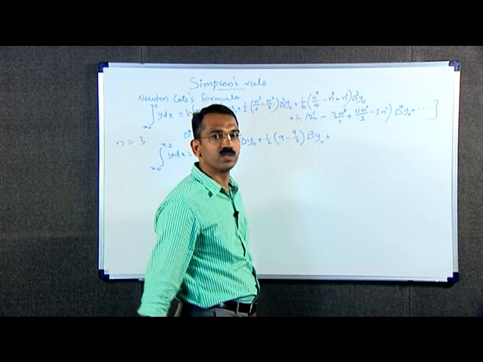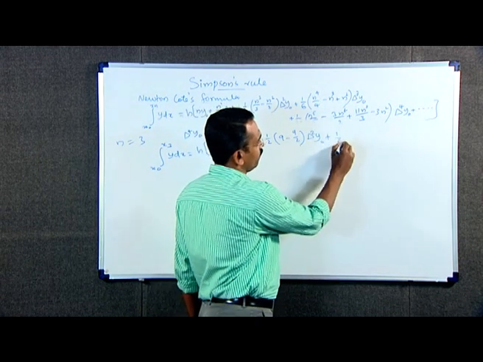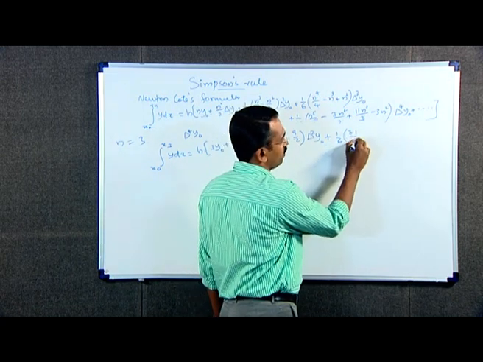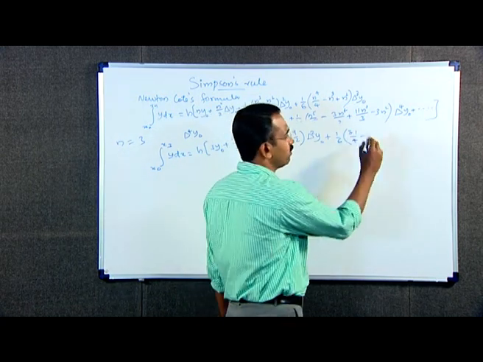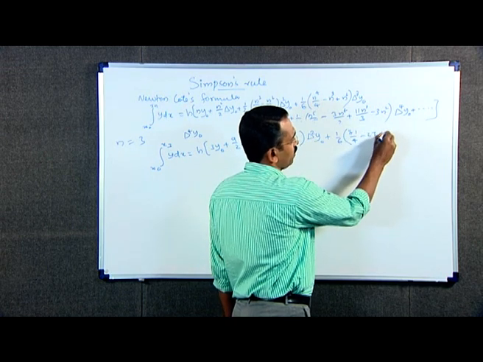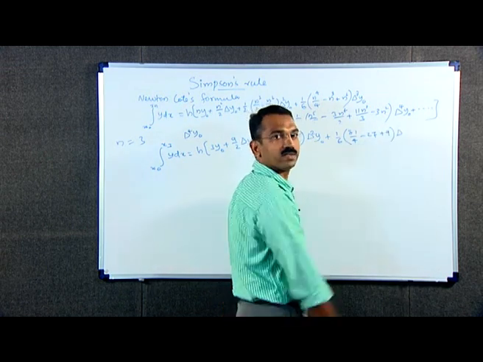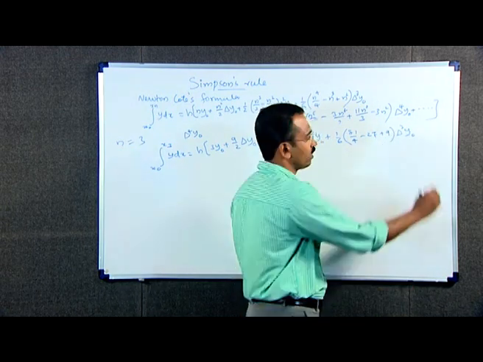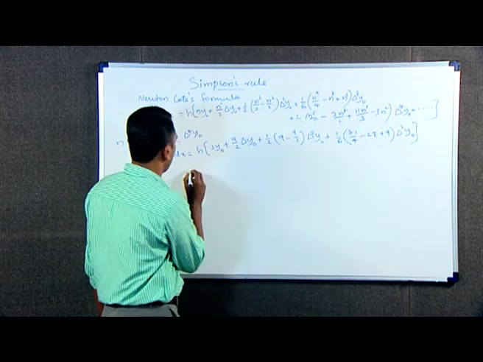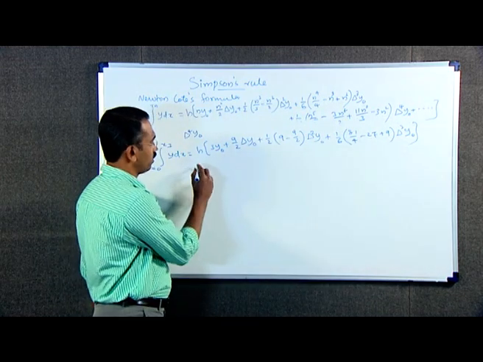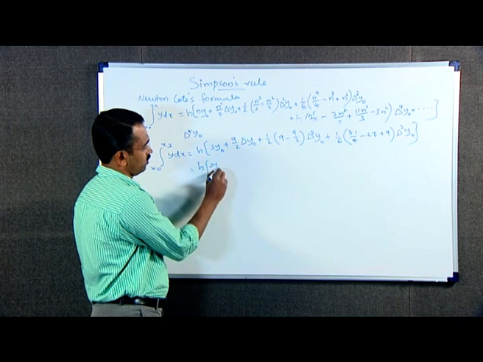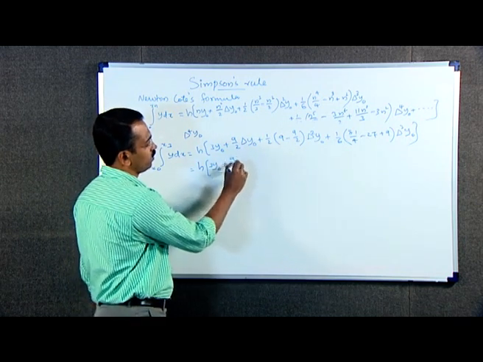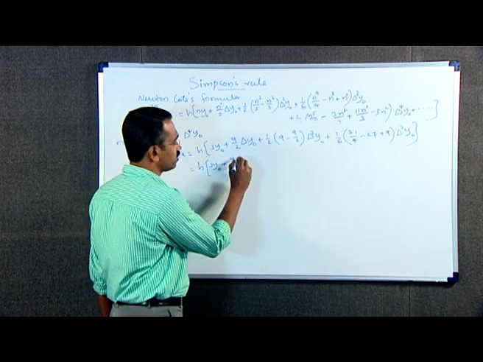plus the next term is 1 by 6 into (81 by 4 minus 27 plus 9) into delta cube y naught, which is equal to h into 3 y naught plus 9 by 2 into delta y naught, which is y1 minus y naught.